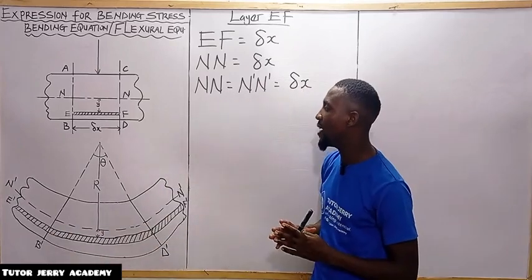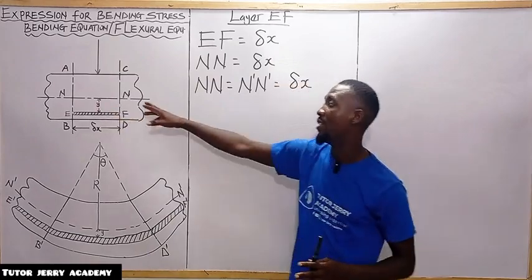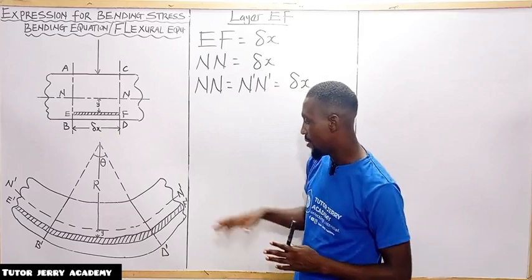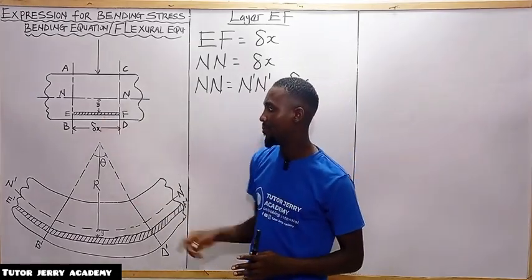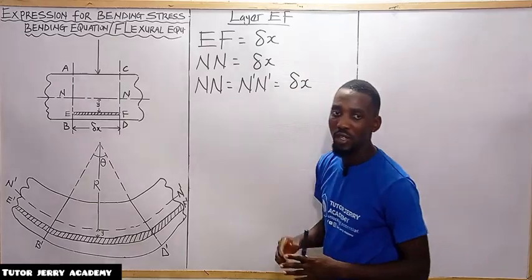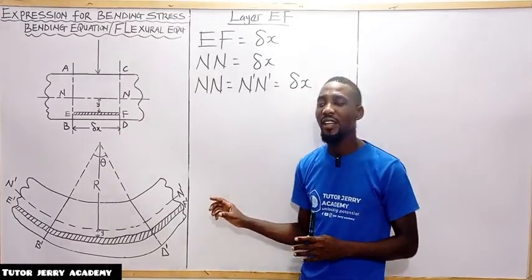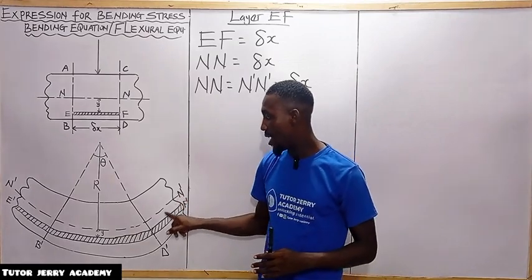The first length of the arc is the arc formed by our neutral layer. This is the neutral axis, and the other one is formed by the other layer EF.